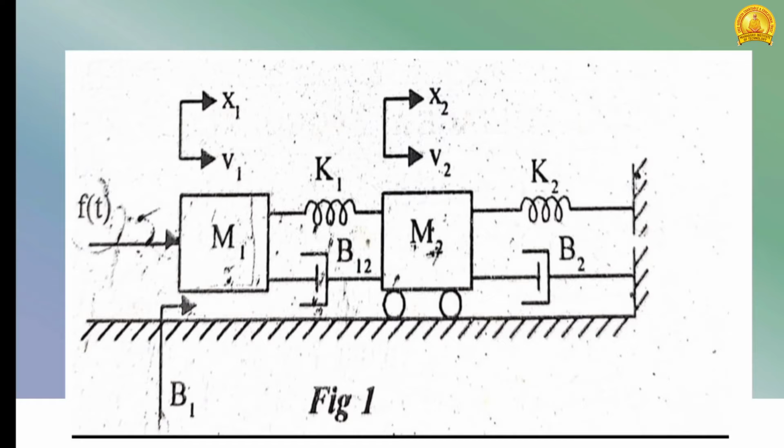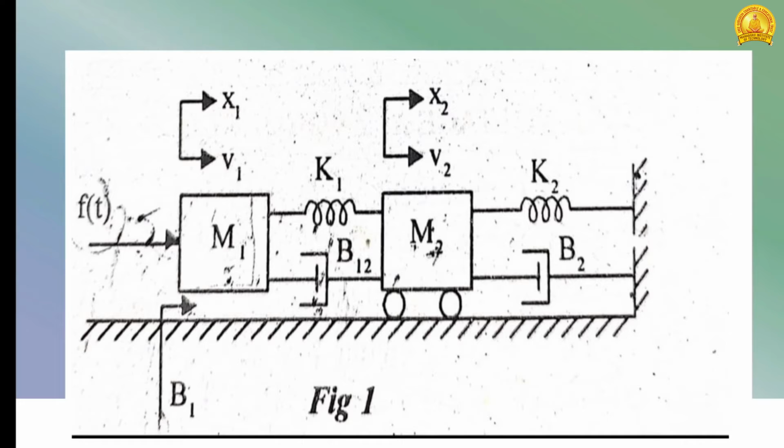The force due to K1 and B12 is represented in another way. F of K1 will be equal to K1 into X1 minus X2, where X1 is the displacement of mass M1 and X2 is the displacement of mass M2.